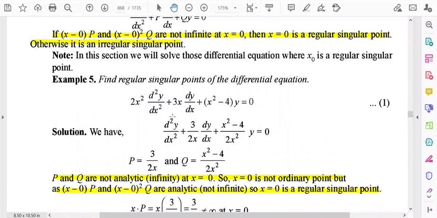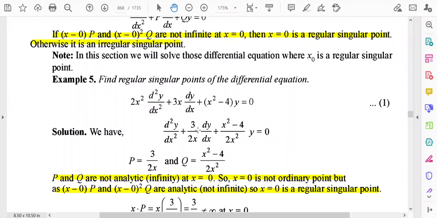So after expressing the differential equation in standard format, we will obtain d square y by dx square plus 3 by 2x into dy by dx plus x square minus 4 by 2x square into y is equal to 0. This is the standard format of the given differential equation.